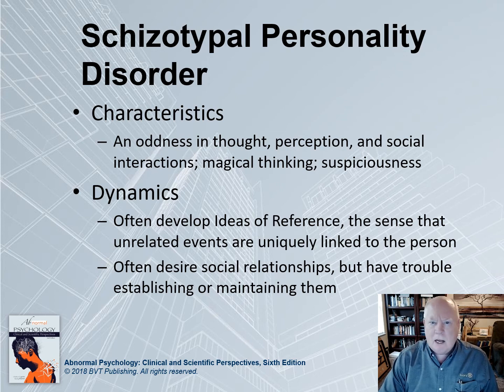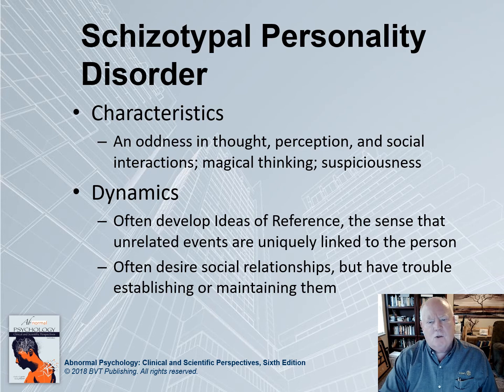They're not crazy. Their symptoms are more kind of unusual ways of looking at things. But the majority of individuals are uncomfortable around people with schizotypal personality disorder. Now, I'm going to come back to this in just a minute.